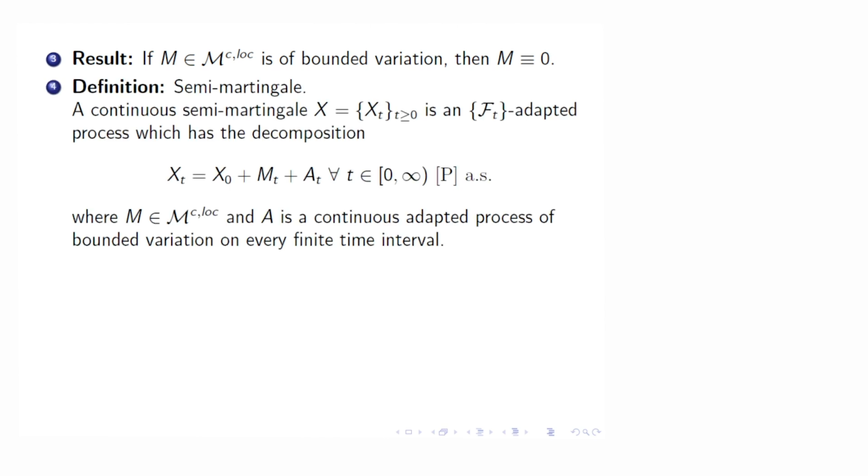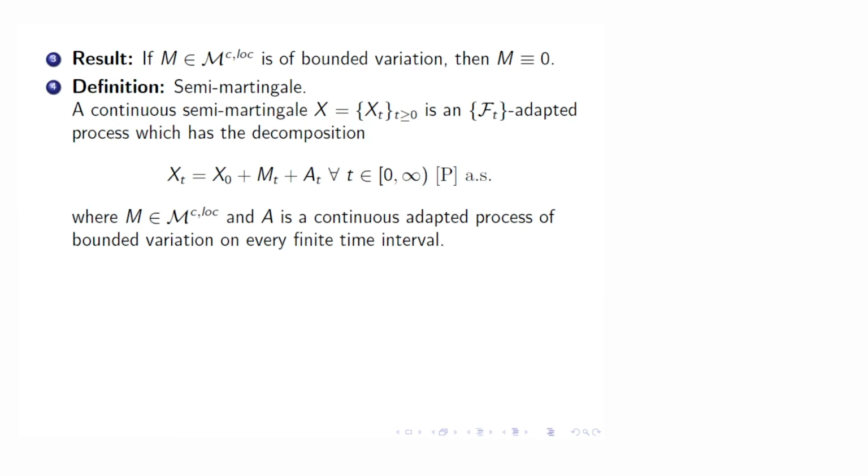Now we define an even larger class of stochastic processes, which we call semimartingales. A semimartingale is an F_t adapted process.